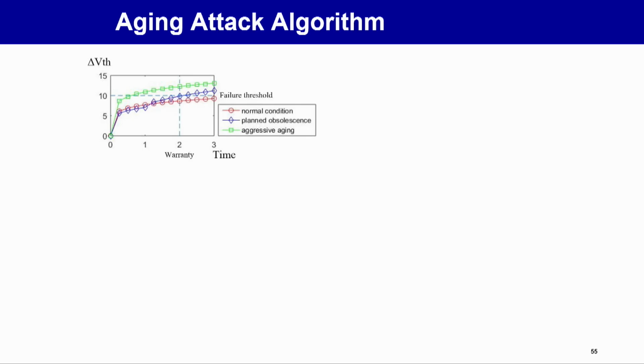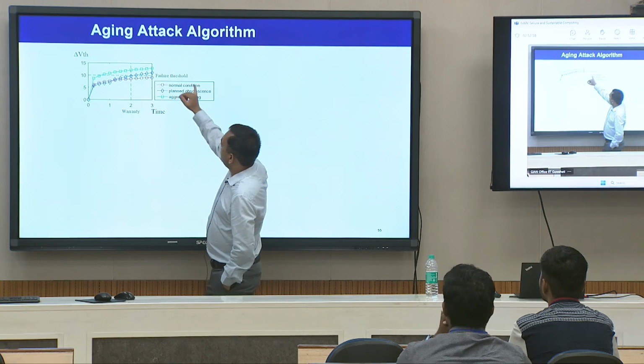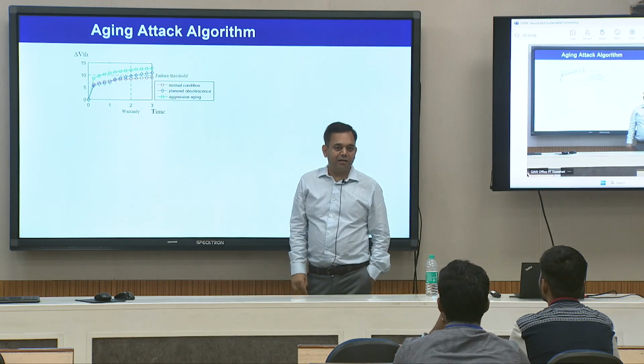After some more time, it will keep changing. In the normal condition, reaching 10 might take like 3 or 4 years. When the change in threshold voltage reaches 10, we are assuming this is the failure threshold point. After that, the device may become very slow. It's kind of useless.